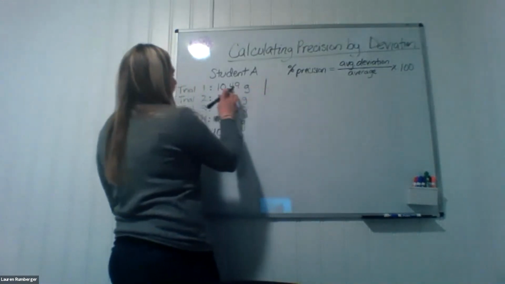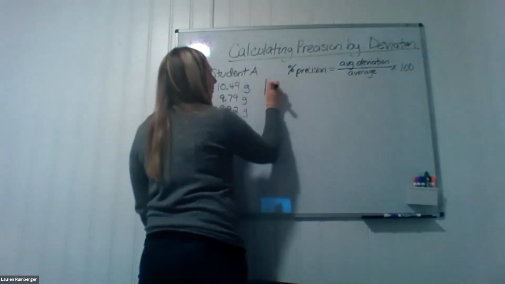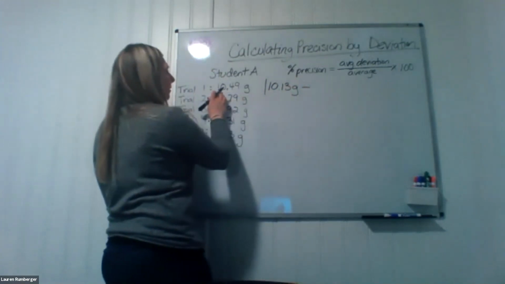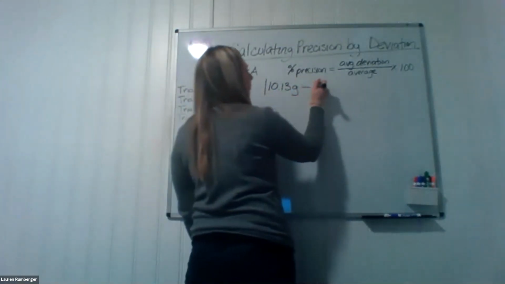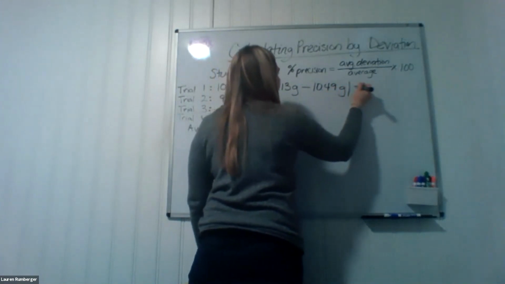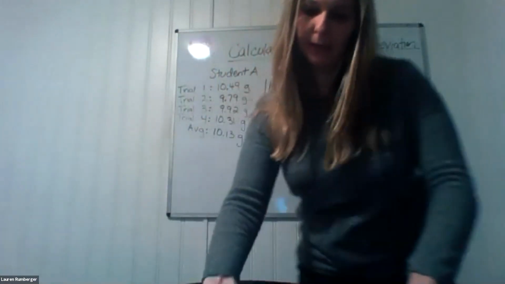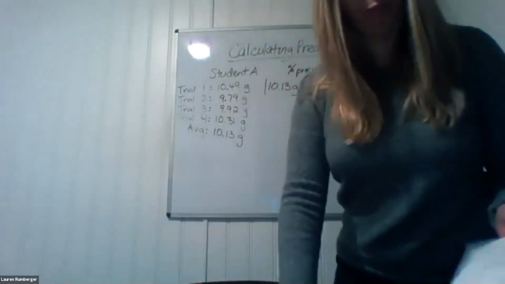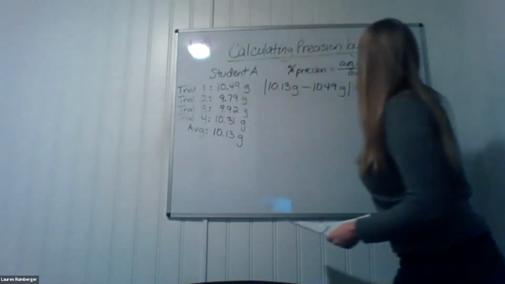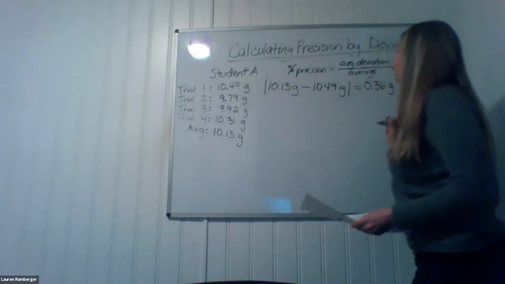So for trial number 1, we're going to take our 10.13 grams and subtract 10.49 grams to give us the deviation from the average to be 0.36 grams.